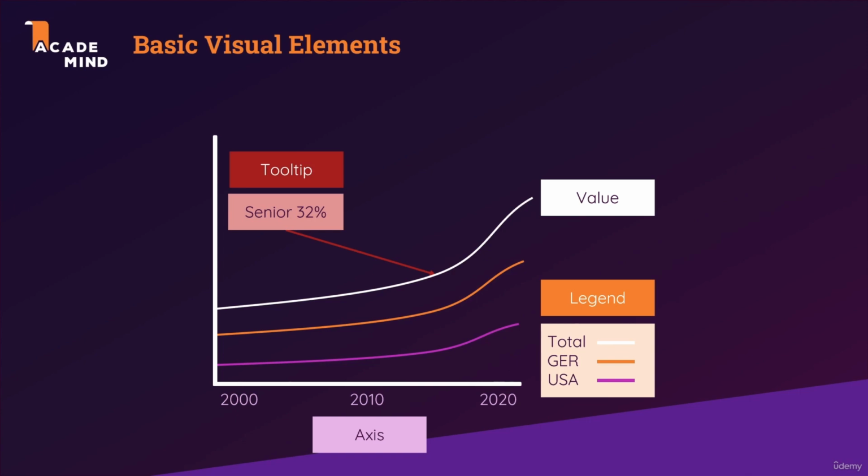Here the tooltip could contain our age category field and therefore give us back the share of a specific age category, here in the example senior with 32%. So with the tooltip, we can add information to a visual if the user hovers over a certain area of the chart as he or she wants to gain more insights into the data.